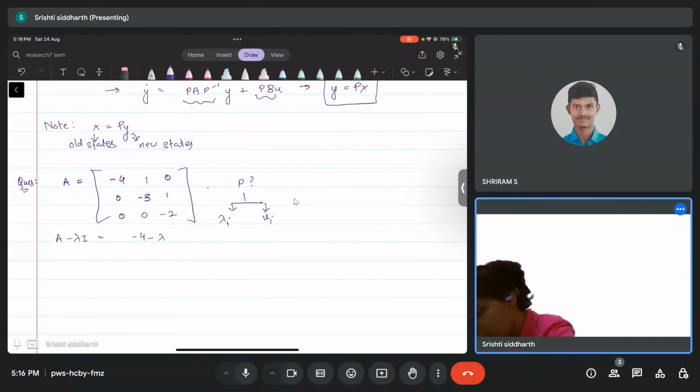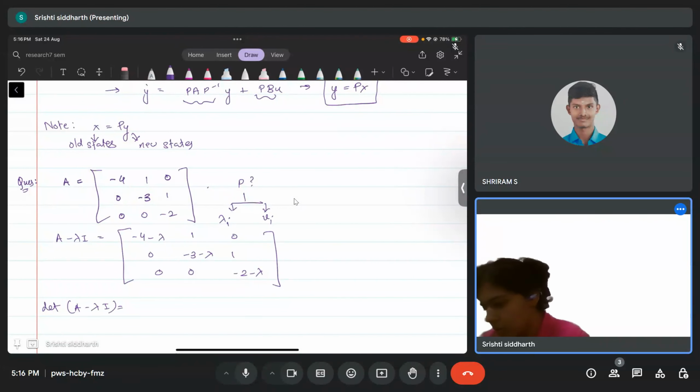So -3 minus lambda and -2 minus lambda, and the rest of the entries remain as they are. So the determinant is simply the product of the diagonal entries.